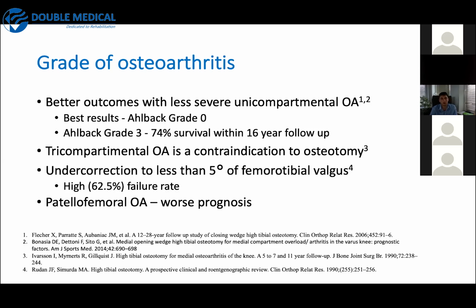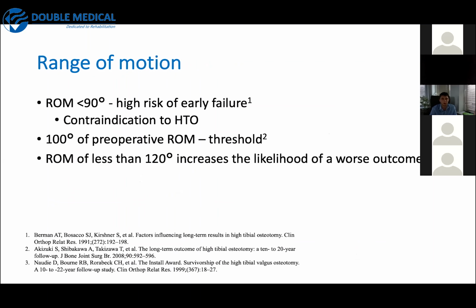Undercorrection to less than 5 degrees of valgus will have 63% of failure. Patients with patellofemoral arthritis will have a much worse prognosis. Knee flexion less than 90 degrees is an absolute contraindication to this procedure. And even if the range of motion is less than 120, the likelihood of worse outcomes is much higher.